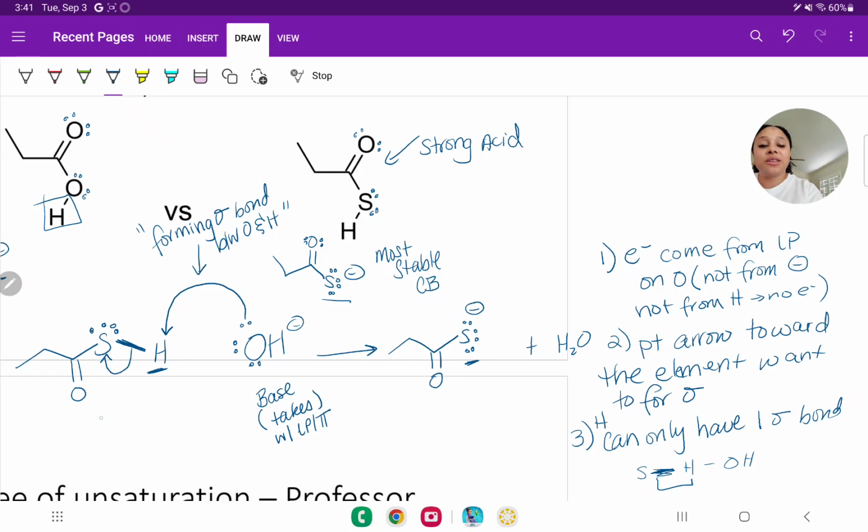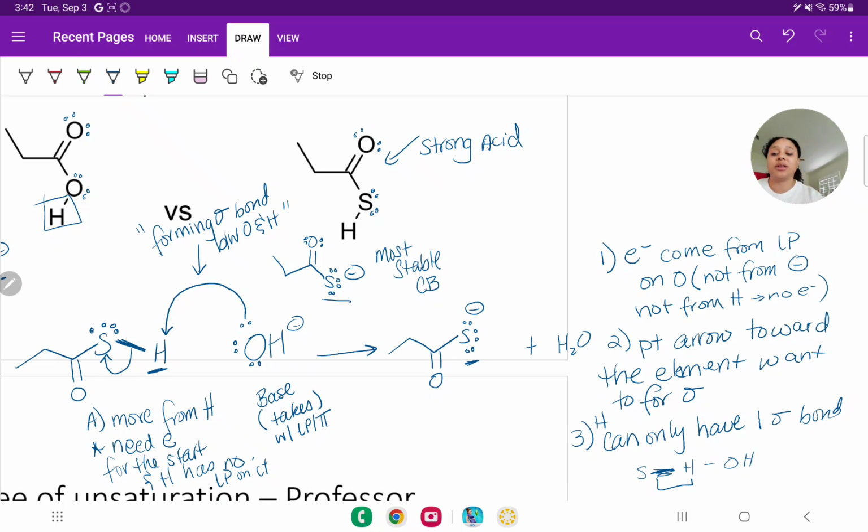Now, another mistake that people make is moving from the hydrogen. But remember, you need electrons for the start of the arrow. And hydrogen has no lone pair on it, right? There's no lone pair on that hydrogen.